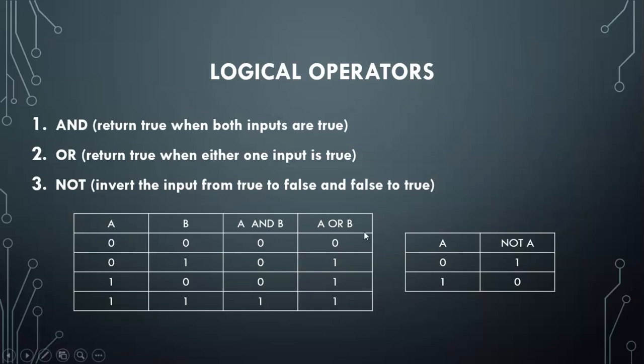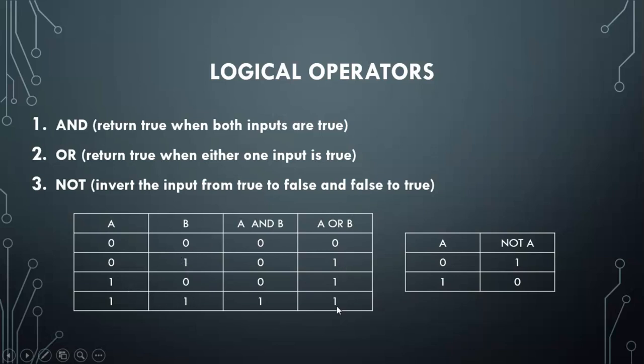Now we will see A or B. In OR operator, when either one input is true, then it returns true. In first example, you can see both inputs are false, which means A or B is 0. But in all other cases, at least one or both inputs are 1.